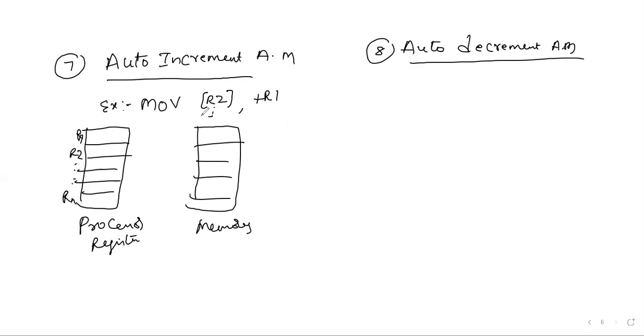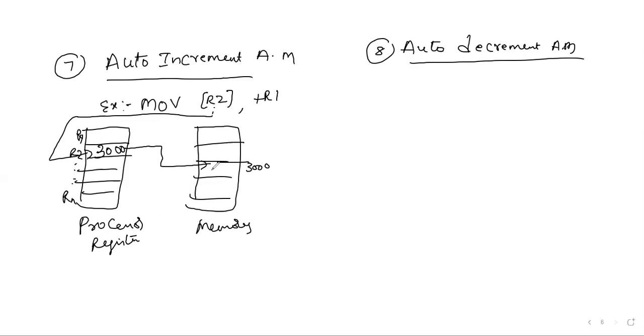Suppose the R2 register contains 3000. The 3000 becomes the address because there is a bracket or parenthesis, so it will go to that 3000 location in the memory.